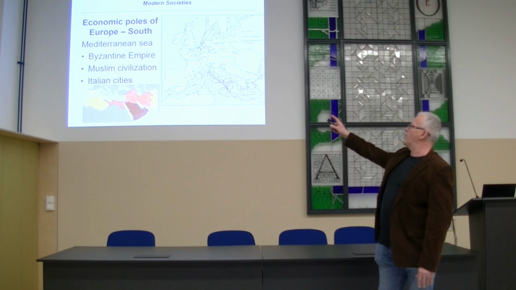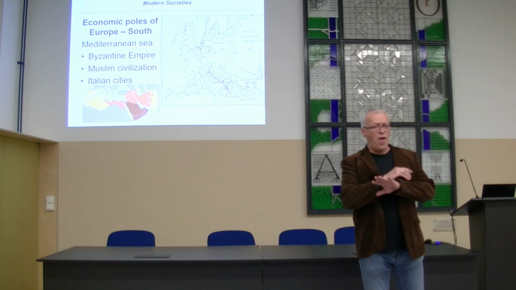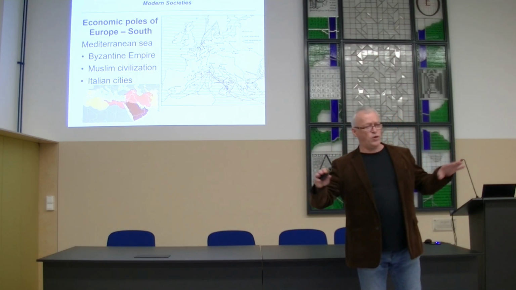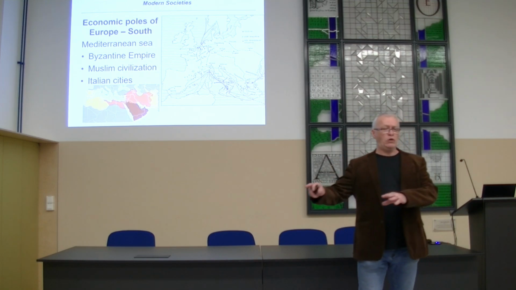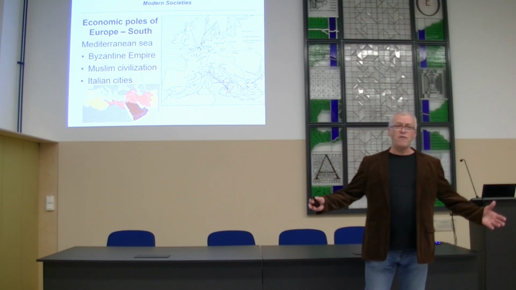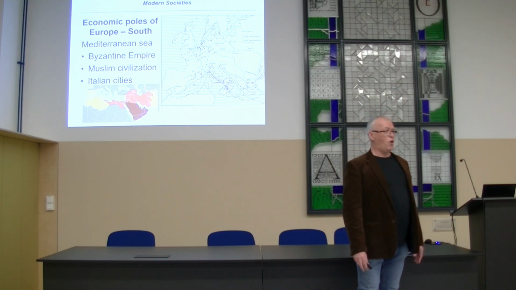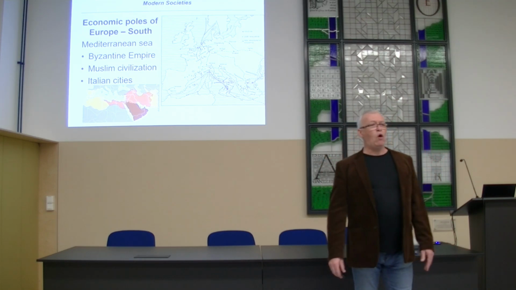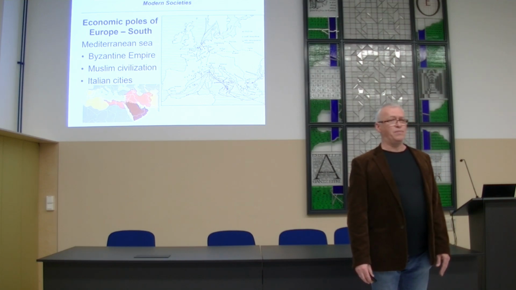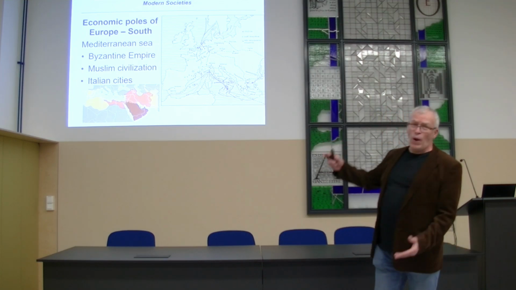Turn back to the story. Muslim civilization wasn't interested in maritime trade, only continental trade. Therefore, Italian cities were the winners of the monopolization of Mediterranean trade. But why?